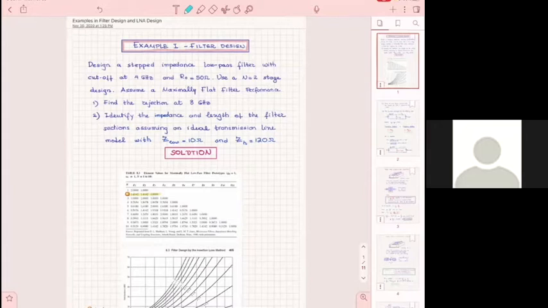Okay, so the first one is on filter design. And you will see here, I will read the problem carefully. That's the number one thing you have to do, because I think many of you start solving something without having read the problem carefully. And a lot of times you're solving for the wrong thing.